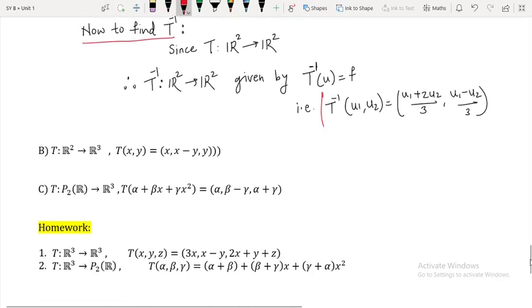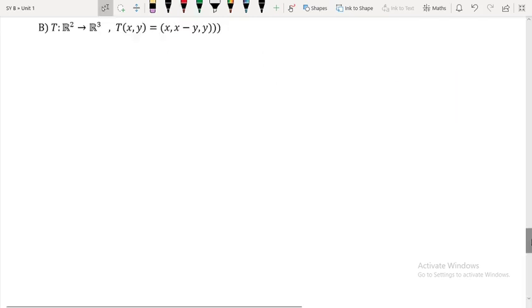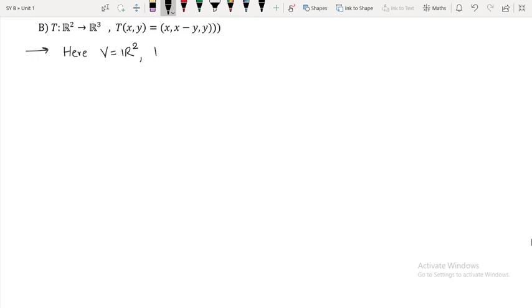If you want, I will just check it. So to check whether T is one-one or not, in order to do it, we have to find the kernel. So here V is equal to R2, W is equal to R3, and you already know the zeros. 0 of V is 0 comma 0, 0 of W is 0 comma 0 comma 0.